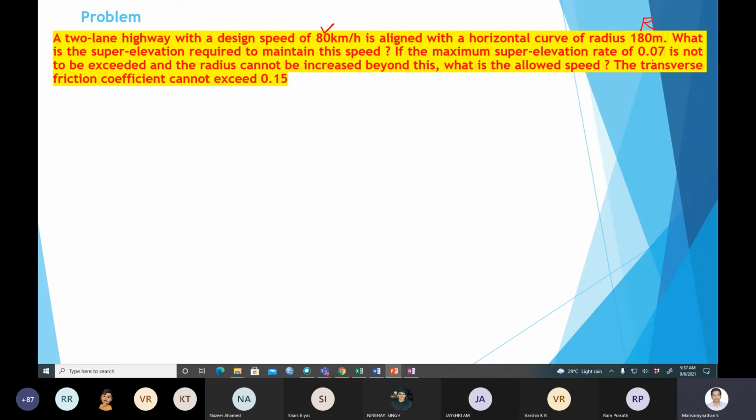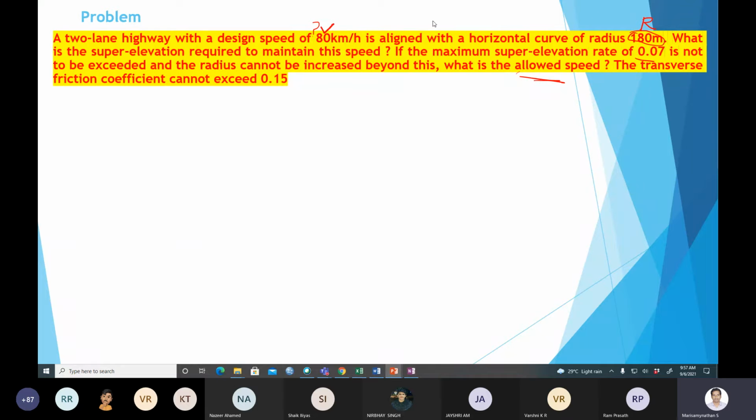We have to fix the super elevation as 0.07. When we fix 0.07 as the maximum super elevation, we cannot revise the 180 meter. So 180 meter is a fixed one. In that condition, what will be the revised speed? That is, what is the allowable speed if we are fixing 0.07.